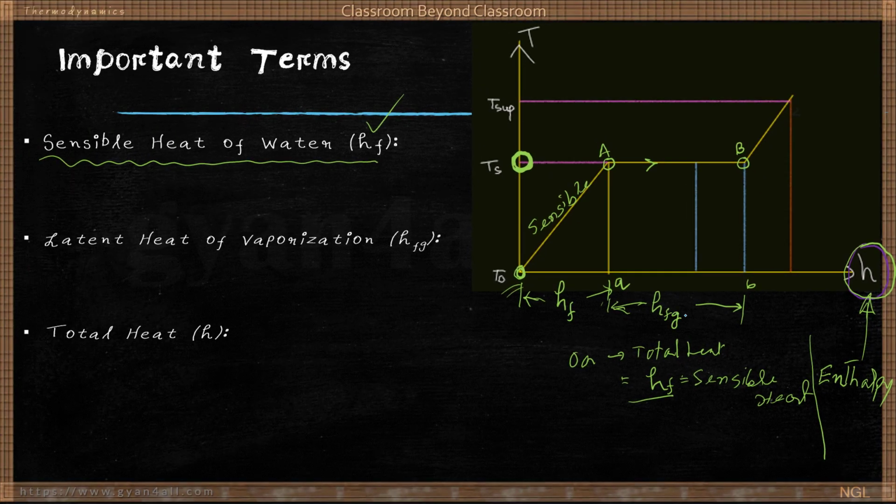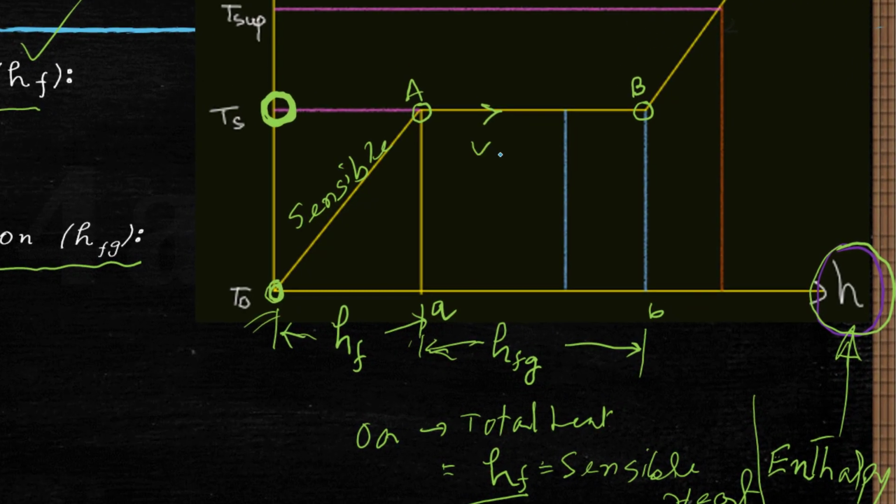What is HFG? The latent heat of vaporization. Good. This process is called vaporization. From A to B, the amount of heat is HFG.